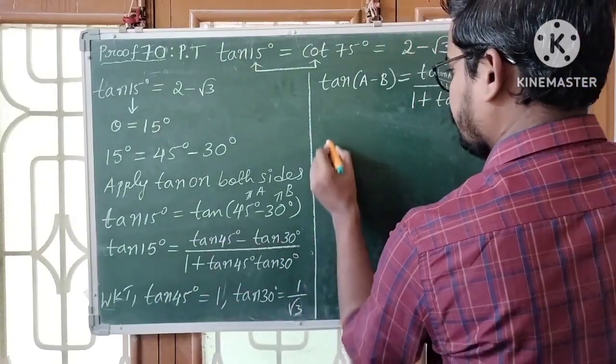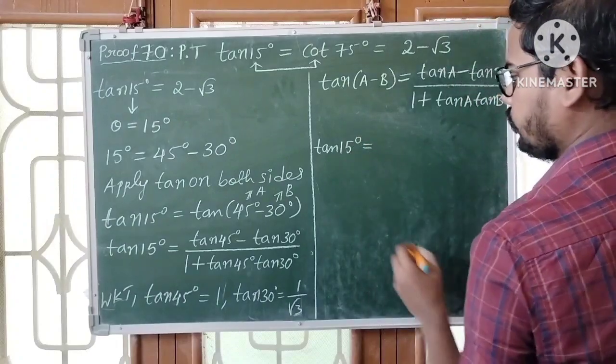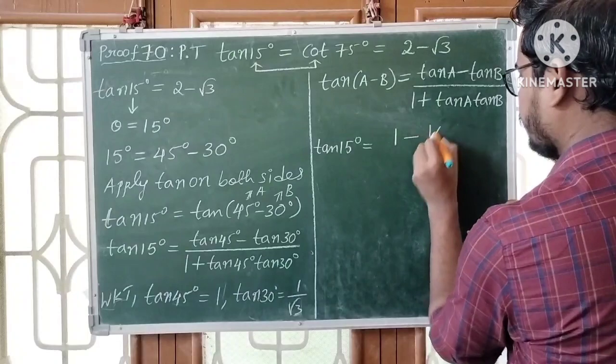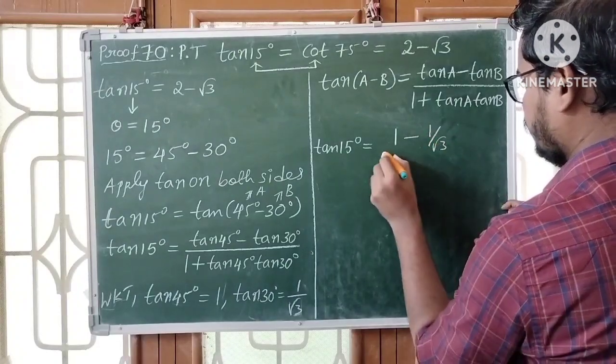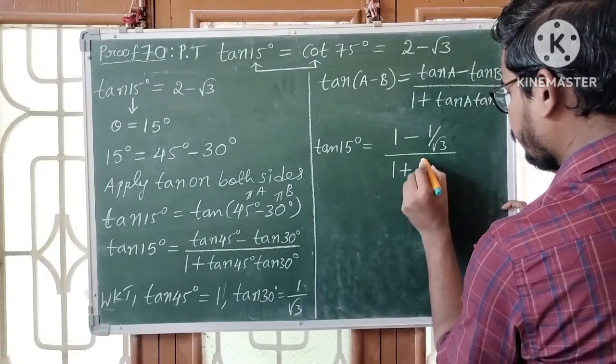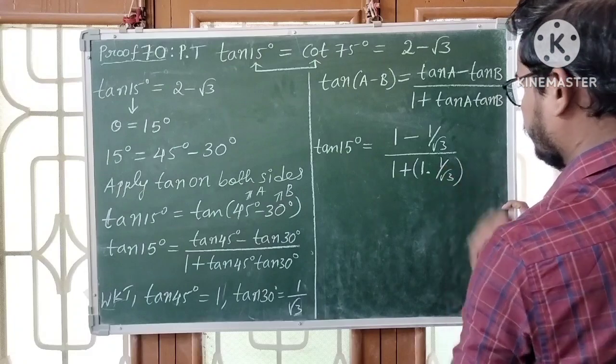Substitute these values here. Now tan 15 degrees is equal to tan 45, which is 1, minus tan 30, which is 1 by root 3, whole divided by 1 plus tan 45, which is 1, into tan 30 degrees, which is 1 by root 3.